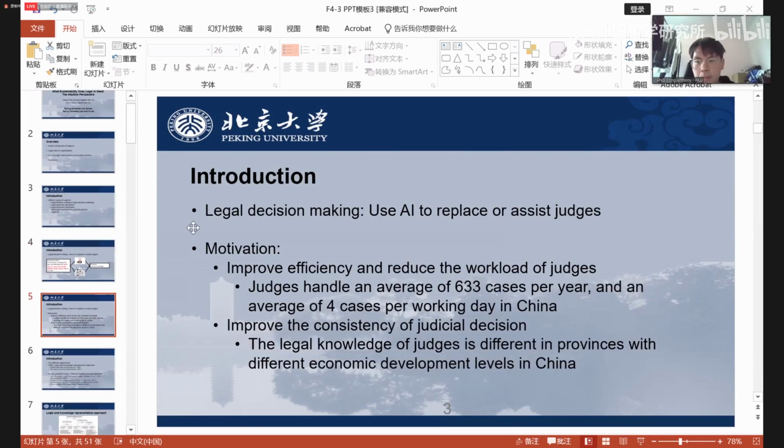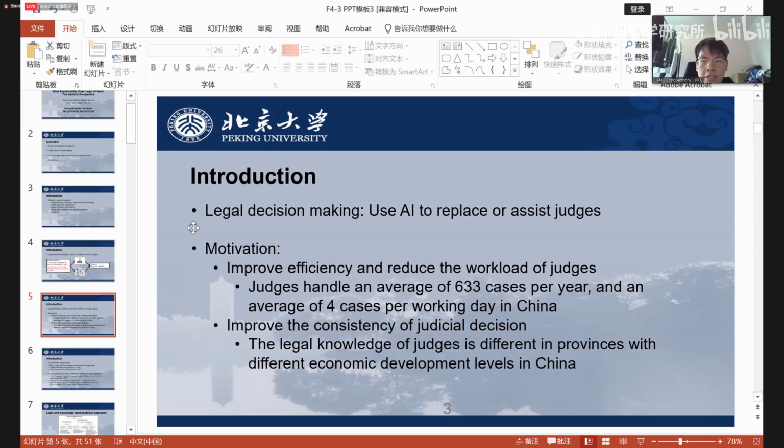What is the motivation for using AI to do legal decision making? I think there are 2 main motivations. First of all, the goal is to improve efficiency and reduce the workload of judges, because China has 1.4 billion people, and there are many cases every day.